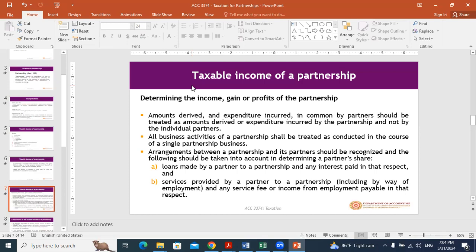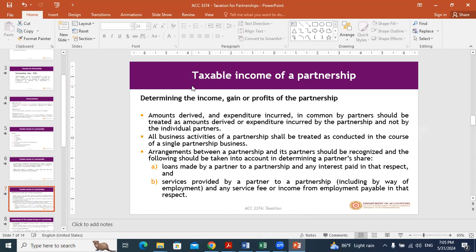It's sort of the profit appropriation. Say loans made by a partner to a partnership and interest paid in that respect. If a partner has provided a loan, that partner would take interest from the partnership.